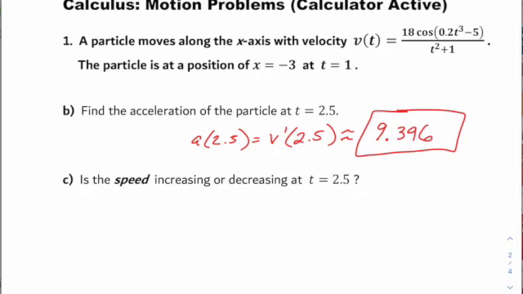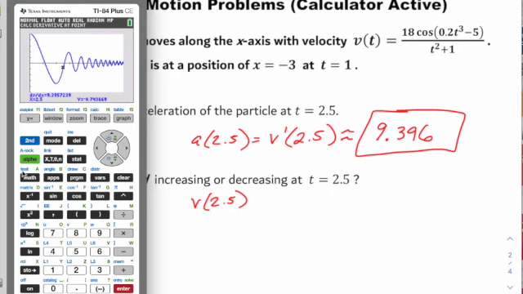They both need to be considered, and whether or not they have the same sign or different signs. Are they both positive, both negative, or one positive, one negative? So we've already found what the acceleration is. I don't need to re-find it or even re-say it, but I'll probably allude to it. But you do want to mention what is velocity of 2.5.